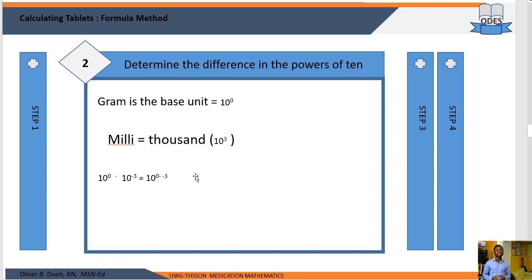However, because we are converting from a larger unit to a smaller unit, when we take this it will be 10 to the power 0 minus 3, and anytime you have two negatives, it becomes a positive. And so 0 minus 3 is going to be 0 plus 3, and so the end result is going to be 10 to the power 3. So that is the power.